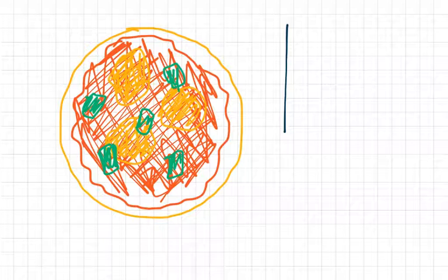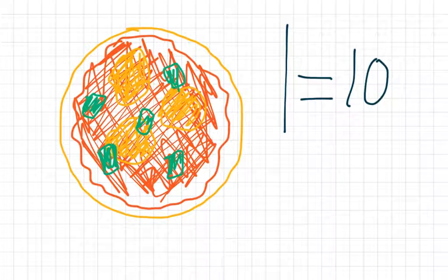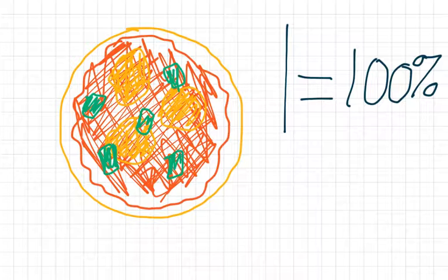There's no other fraction for it other than 1. Okay, so there is my one whole pizza, which means I've got 100% of my pizza. The decimal is also 1, so this is the fraction and the decimal, and this is the percentage.